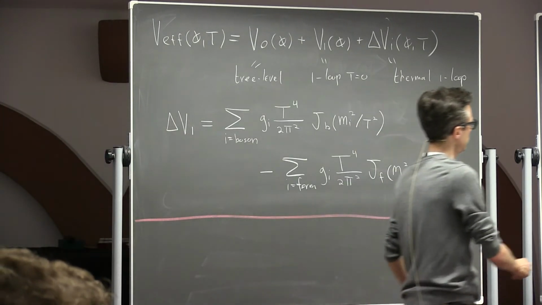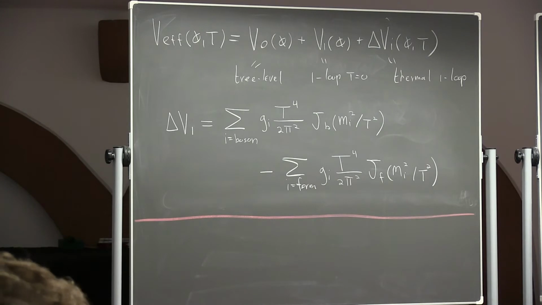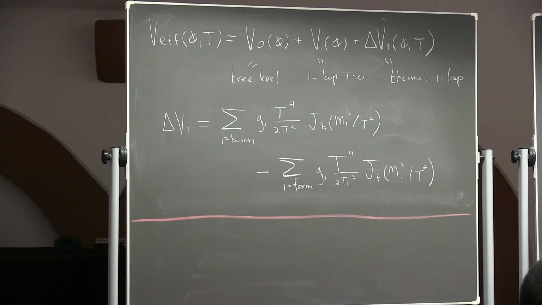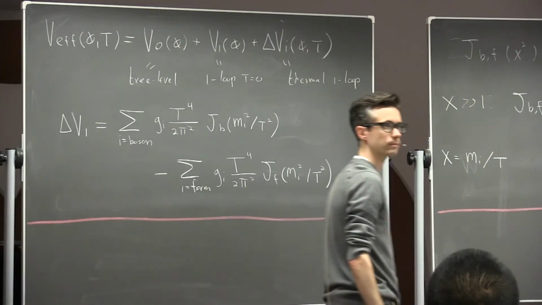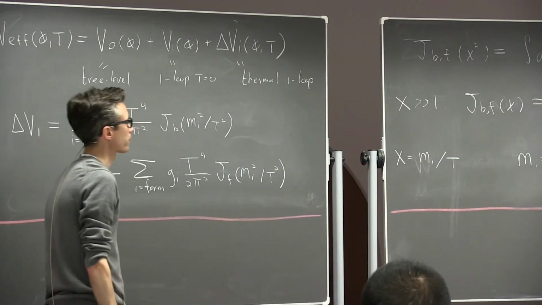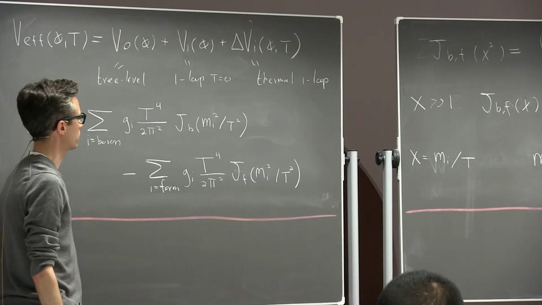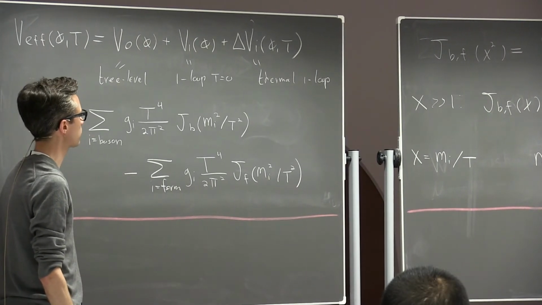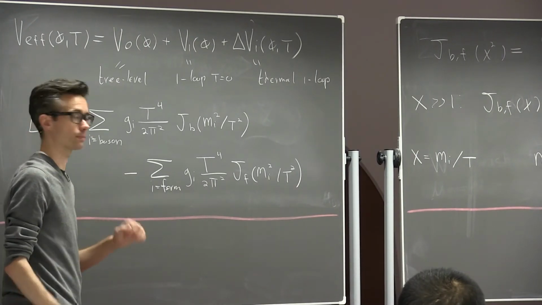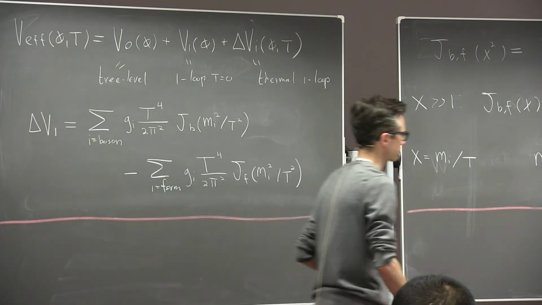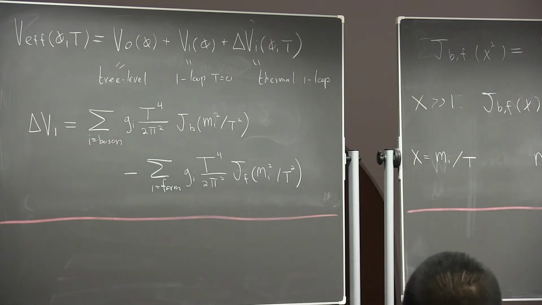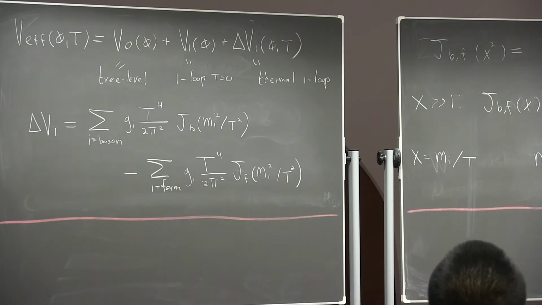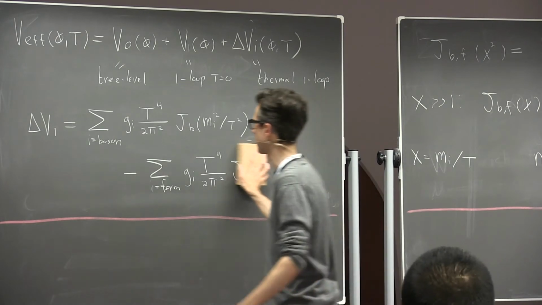And specifically, when I write m_i, I mean m_i as a function of phi. So at this point the result might be looking a little bit cryptic, but let me apply this to the standard model. For the standard model, we're going to match up our phi with the Higgs background value.